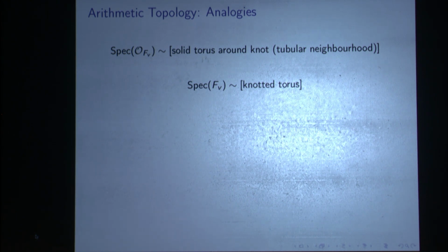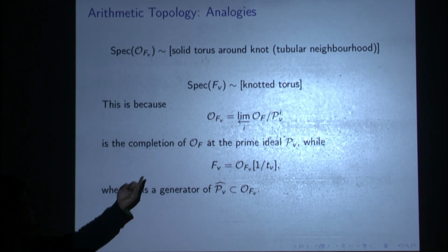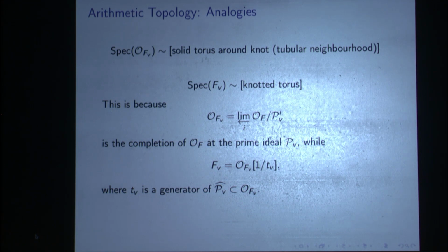The reason that's viewed like a solid torus is because that completion is algebraically expressed as an inverse limit over the powers of the prime ideals that define your point, that define your knot, so to speak. And that's like an algebraic tubular neighborhood of your prime. And so that's the sense in which it should be viewed as topologically equivalent to a solid torus around your knot.